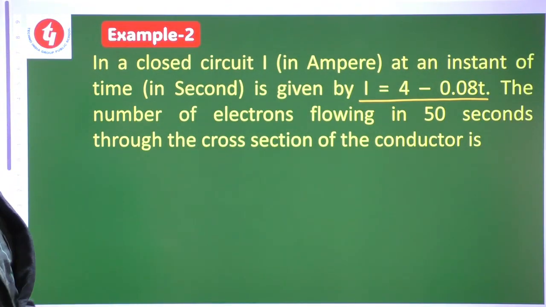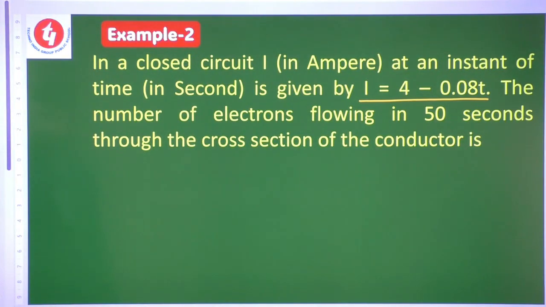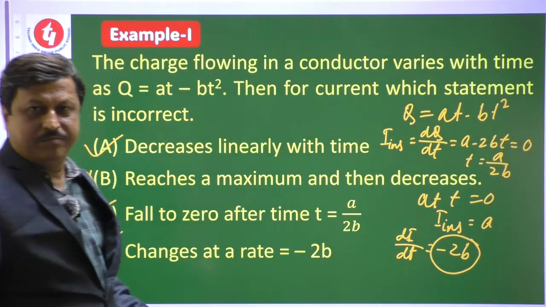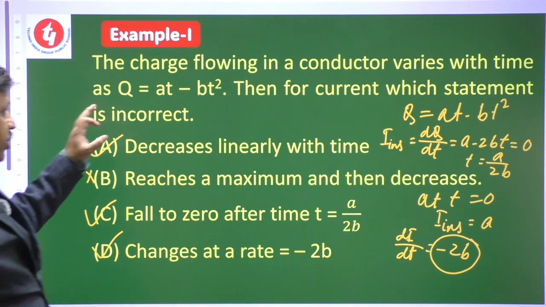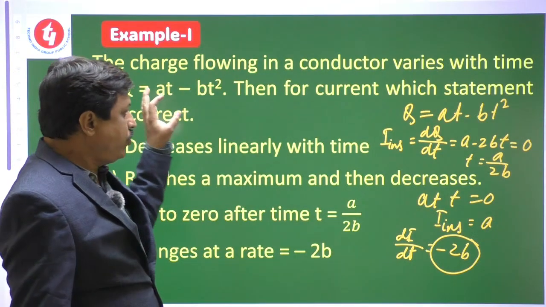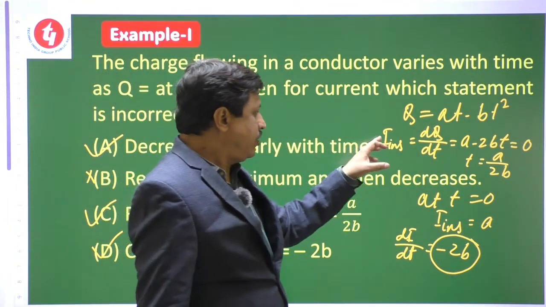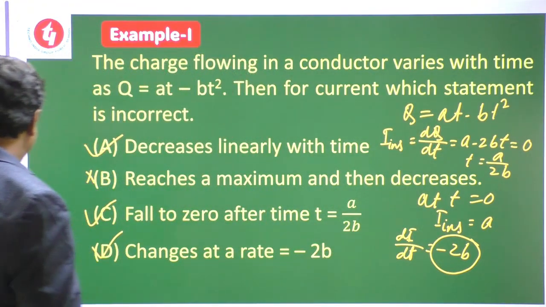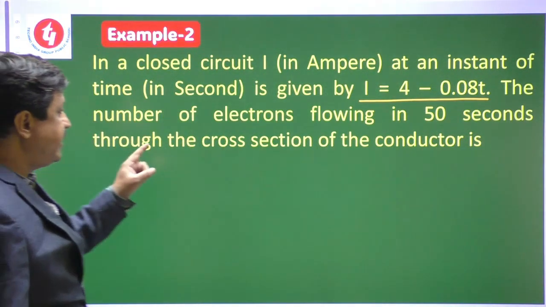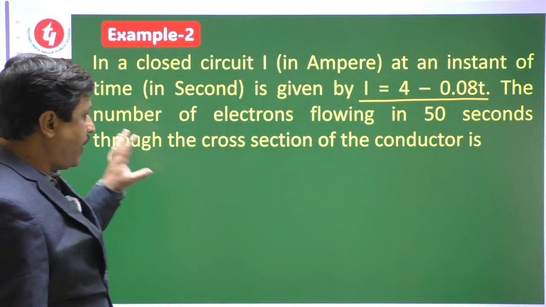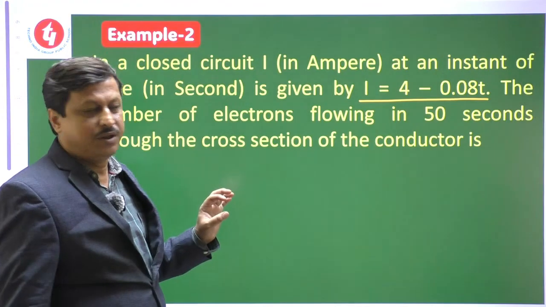In the previous question, Q was given as a function of time and you had to find the current, so we differentiated. So instantaneous I = dq/dt.